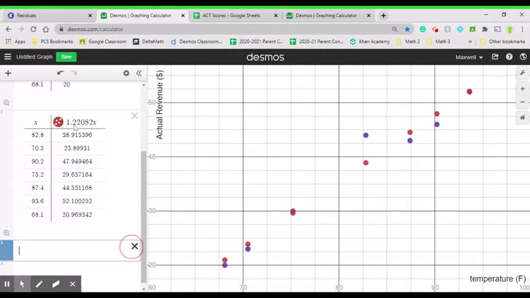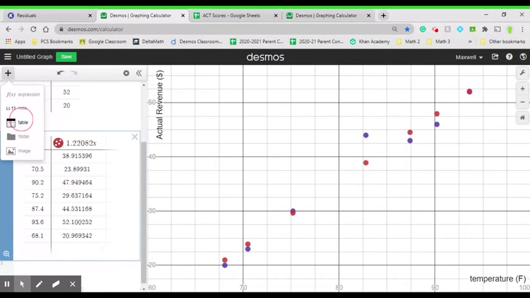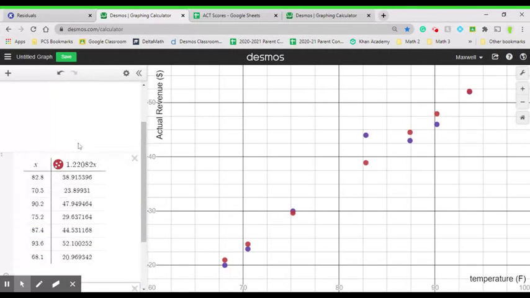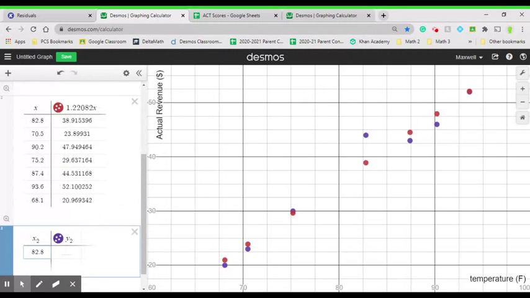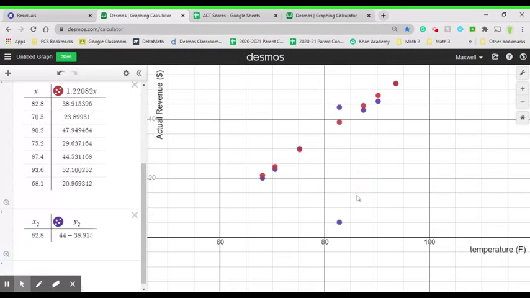So we can add another table here. So for instance, 82.8, and then we're going to do 44 minus 38.915. And we're going to need to zoom out a little bit here so we can see that is our first residual point there.